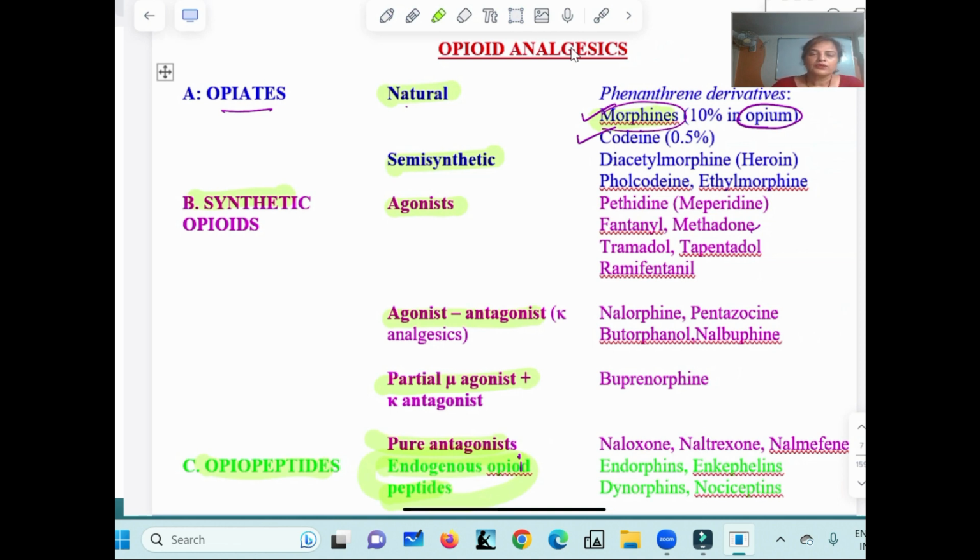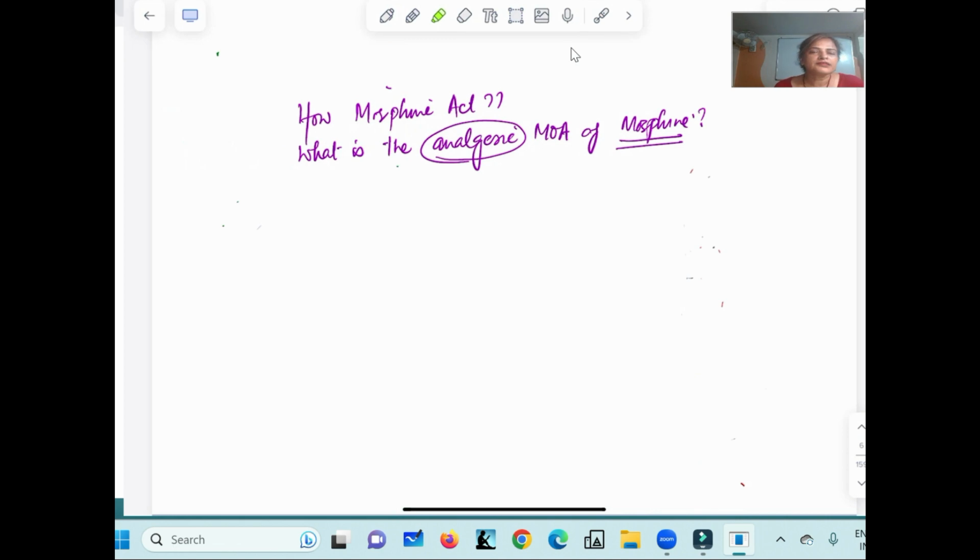Right? Now coming to how this morphine it is going to act, or what is the analgesic mechanism of action of morphine. So to make you understand how this morphine it is going to exert analgesic action, you must know the physiology of the pain transmission.